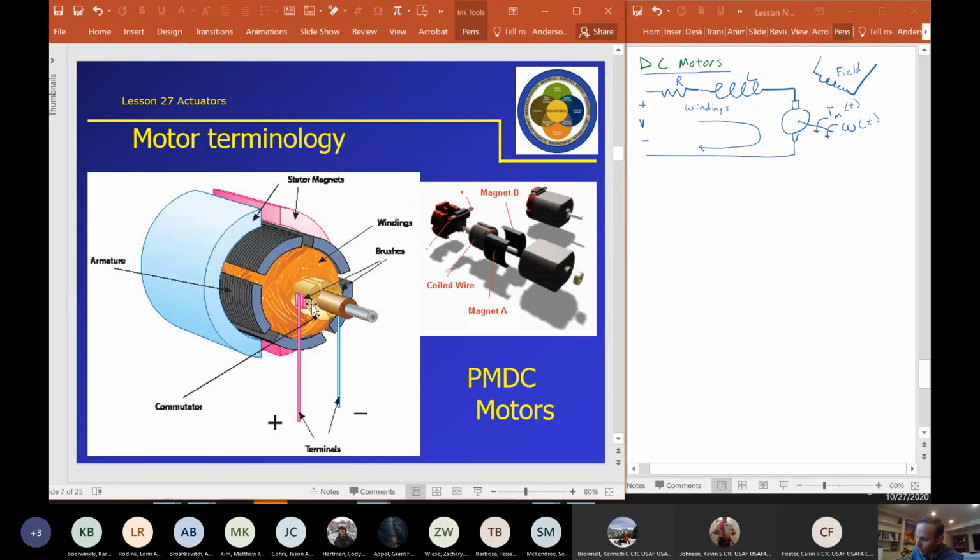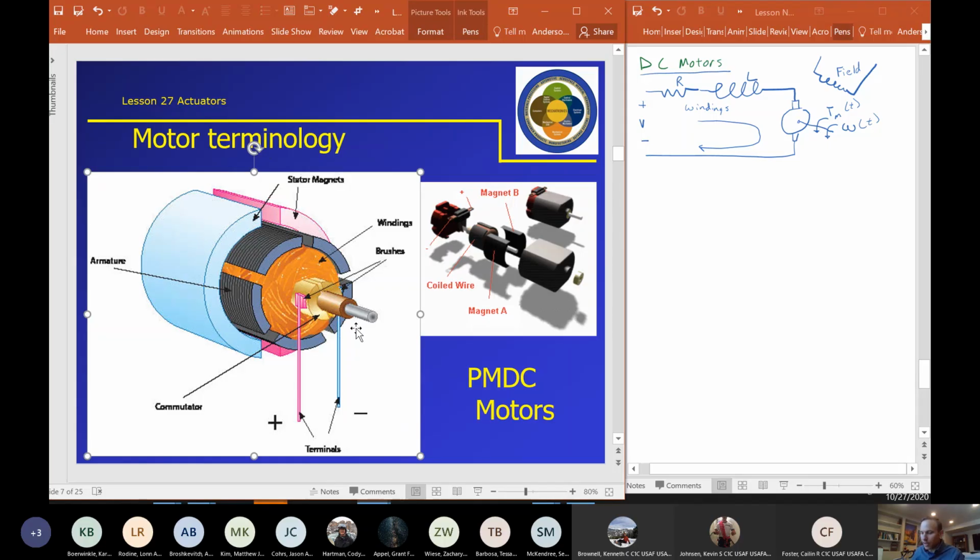One half is connected to one end of the coil, and the other half is connected to the other end of the coil. As the rotor spins, the brushes alternate contact with each half of the commutator. And that's what reverses the direction of current.